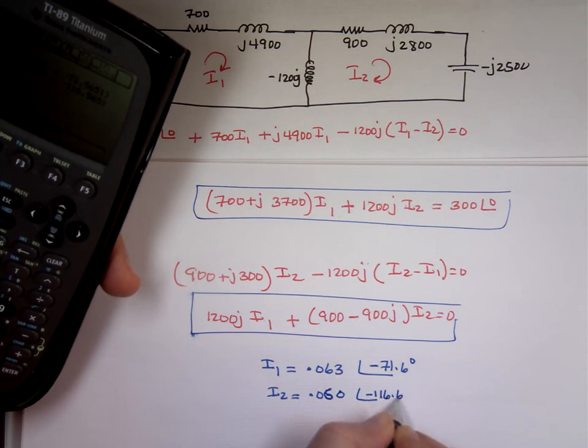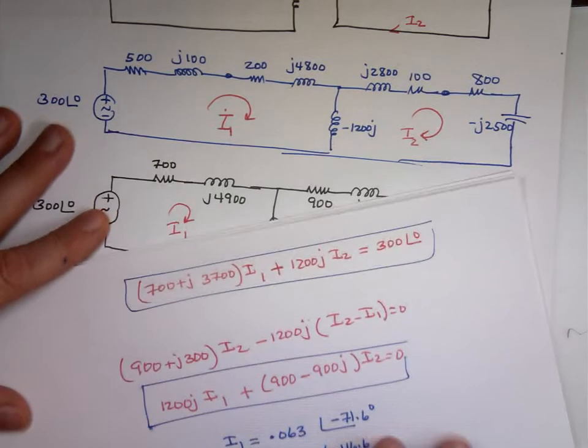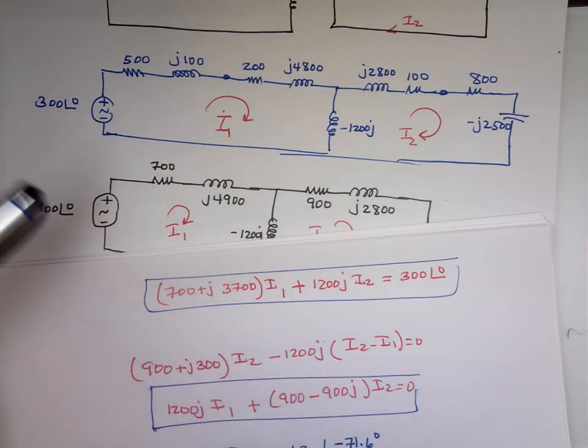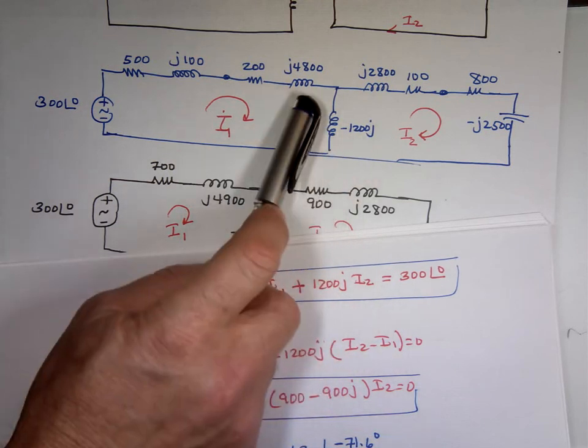So the first answer doesn't match the second one, so we must have missed a sign somewhere. It's 180 degrees off. So yeah, that means a minus sign. So it's minus M here, L1 plus M, L2 plus M. That should be there.